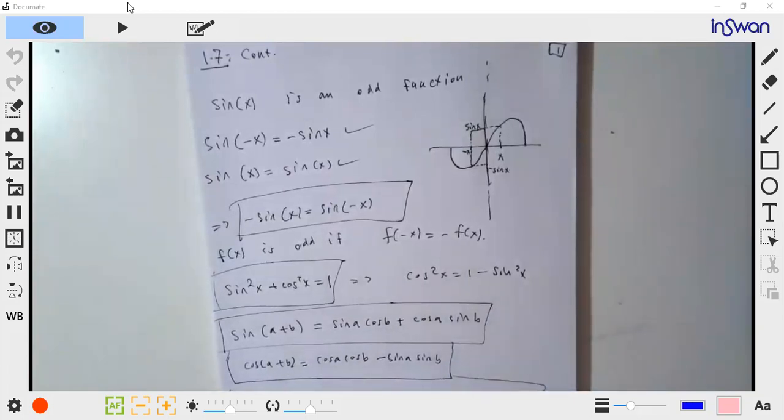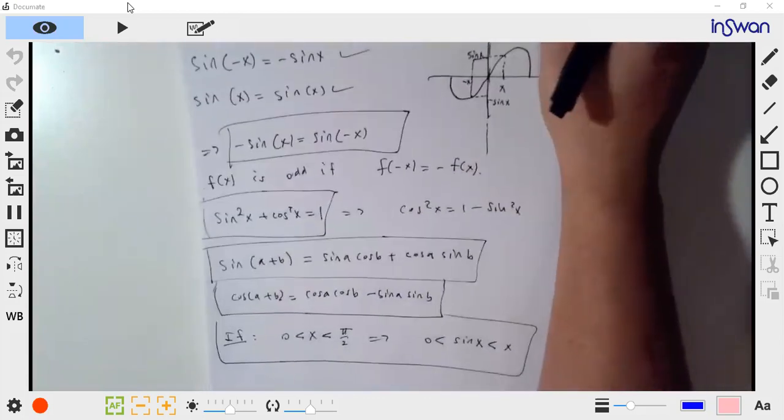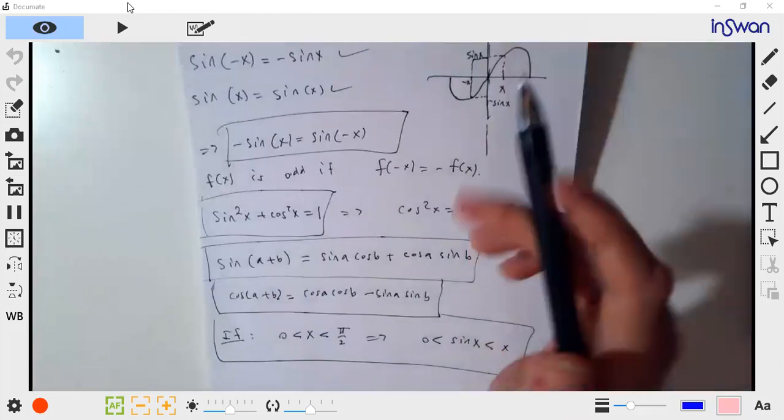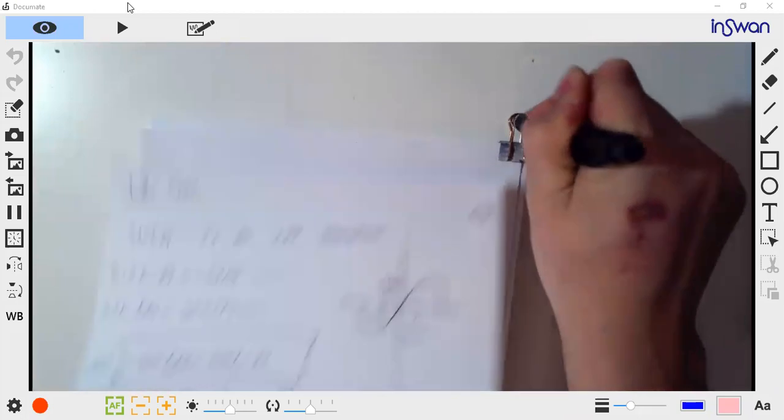So these facts will be useful when we're proving that the trigonometric functions are continuous. And let's not forget the transfer principle. Moving on to another sheet of paper.